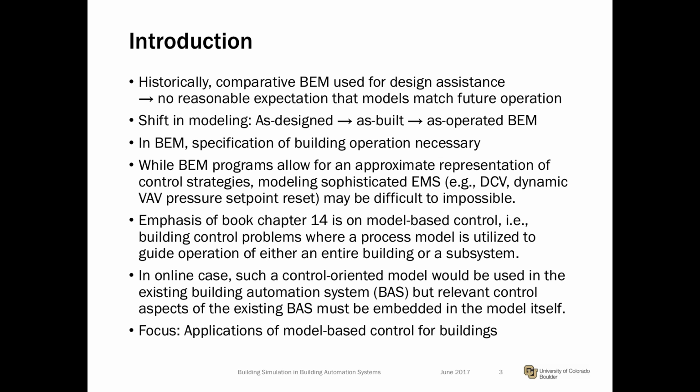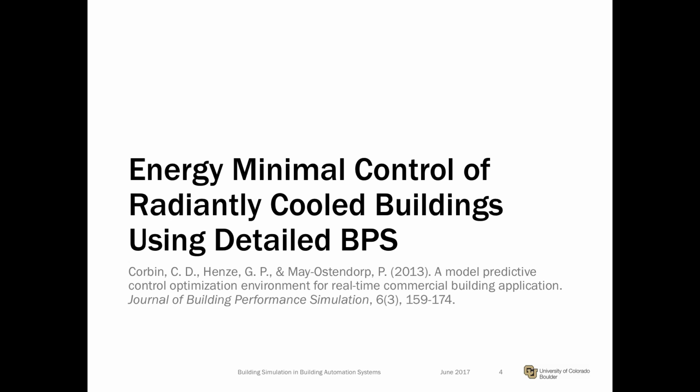But in order to function well, relevant control aspects of the building automation system must also be in the model. So there's this interesting reaching from the real world into the model and back into the real world. Today I'll take the time to introduce you to some aspects of model-based control for buildings.